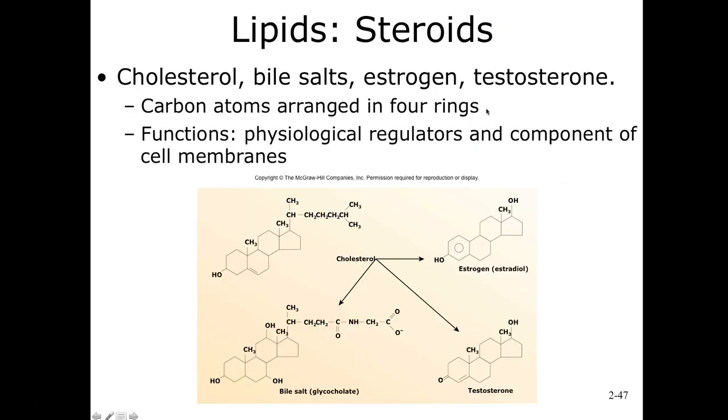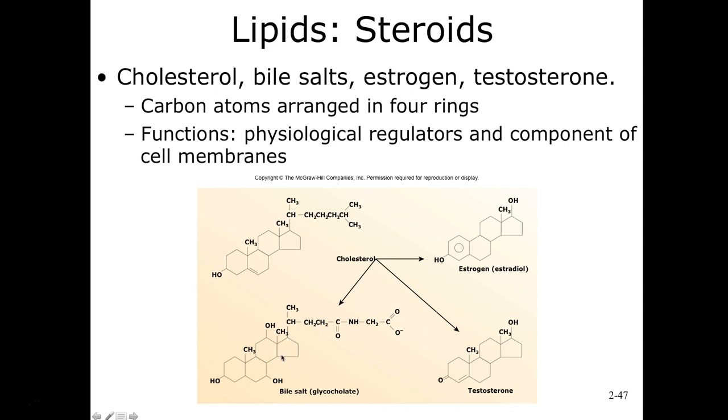And then I think the last lipid we're going to talk about is steroids. All of the steroids we'll discuss are derived from cholesterol. Basically we have 4 carbon rings linked together, and by changing some of the other components attached to those rings, or the rings themselves, we can change to hormones like estrogen or estradiol, testosterone, and we can even change over to a bile salt.